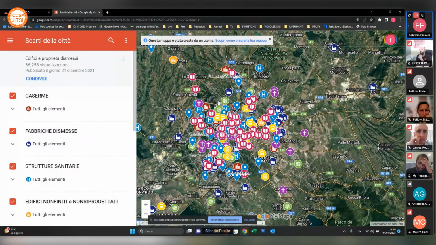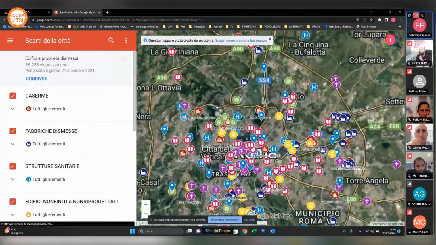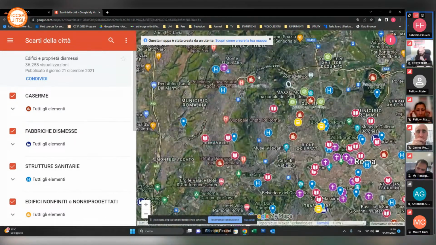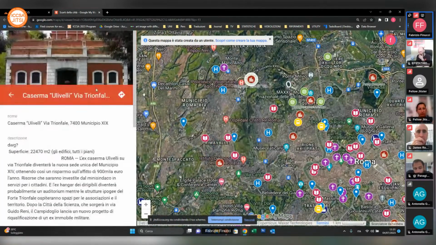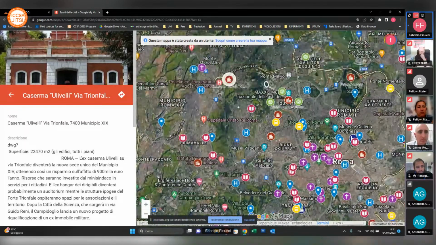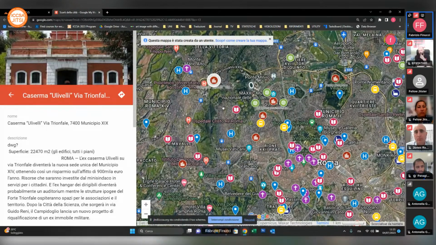This map is mapping and dividing the territory of Rome in different layers of abandoned and unused buildings. The map can be moved. I mean, you can navigate the map, and for each building there is first information: the description, a link, who the property belongs to, how many square meters, and if someone was able to collect the DWG map of the single building.